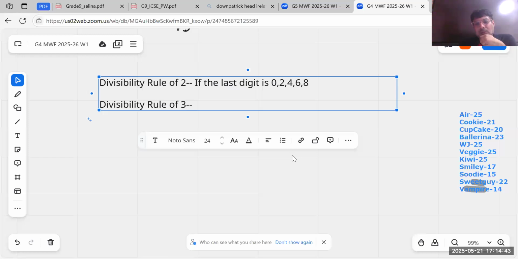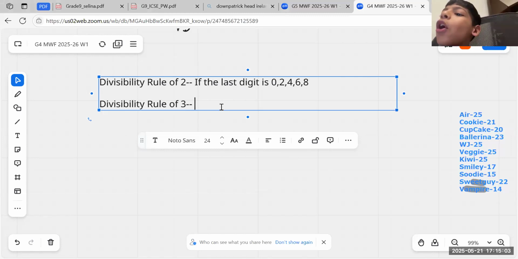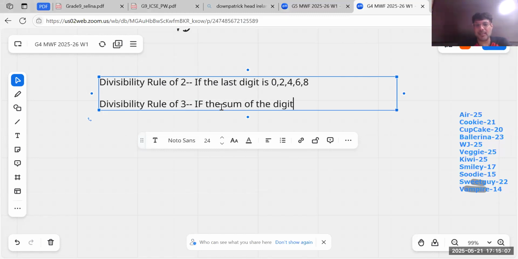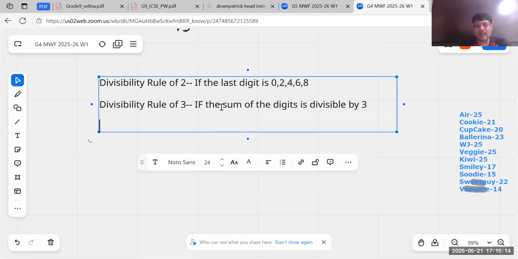No. Anyone else want to give the answer? Everyone has forgotten. Great. Sir, if the sum of the digits is divisible by 3.